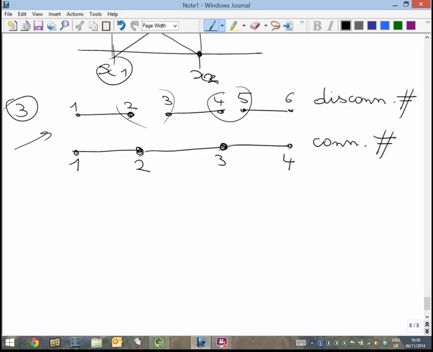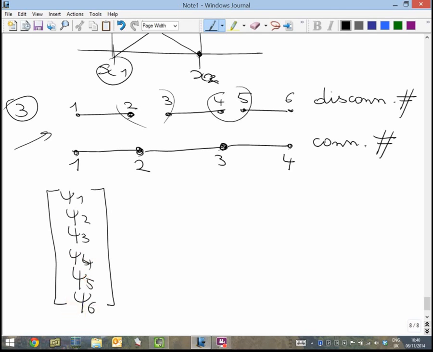Well, we're going to write down a matrix which relates the disconnected numbering scheme to the connected numbering scheme. So for example, for the disconnected numbering, we're going to look for expansion coefficients, which in the disconnected numbering scheme are these 6 guys.